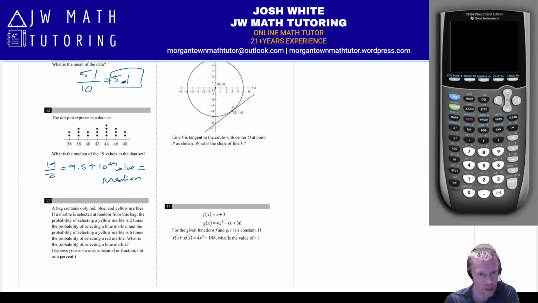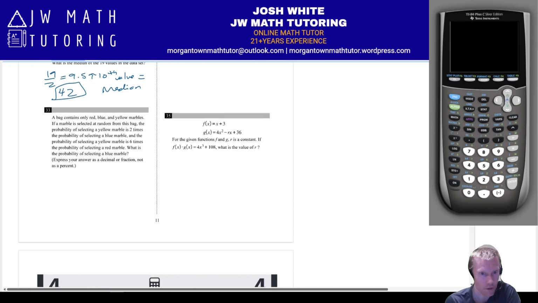So you can just count, 1, 2, 3, 4, 5, 6, 7, 8, 9. Here we have 10. You could also have counted from the higher values, starting on the right to the left, and you'll see 1, 2, 3, 4, 5, 6, 7, 8, 9, and we end up at 10. So the correct answer is just going to be 42, and that's what we grid in, nothing more to do.